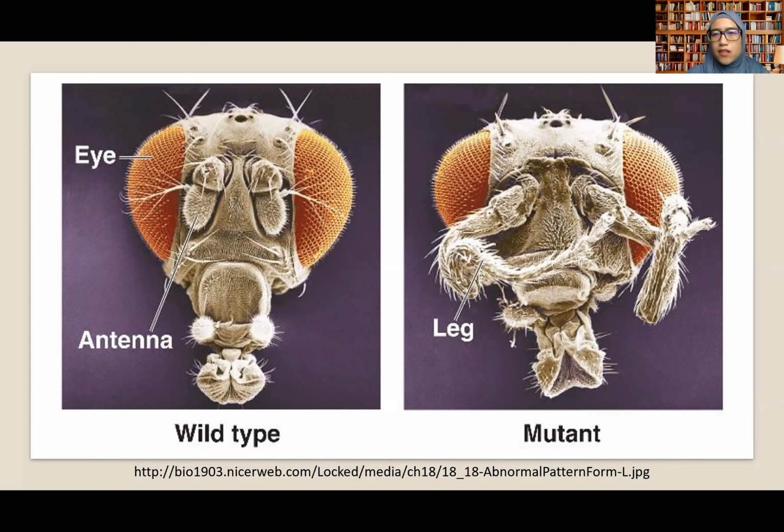So mutation can do that to a bacteria, and also, bacteria is a prokaryote. It doesn't matter if it's a prokaryote or eukaryote, mutation can have a significant effect on an organism. So in this picture, this Drosophila is a fruit fly. If I'm not mistaken, this one is a mutation in one single gene.